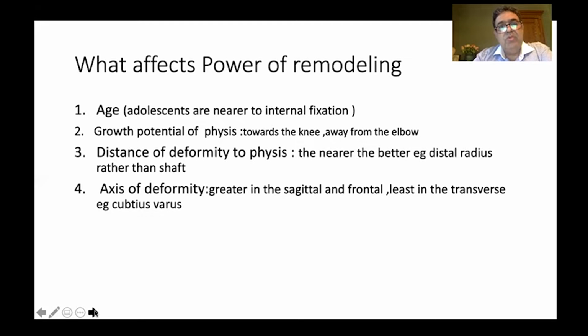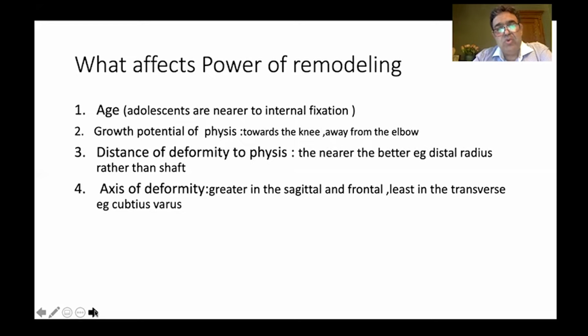As you all know, the main growth of the femur occurs through the distal femoral physis, and that's why if the injury or the deformity is near the distal femoral physis, greater remodeling is anticipated. While if the injury is in the proximal femur, the remodeling power is lower. Also, if you look at the humerus, what we accept in the proximal humerus is something very great.